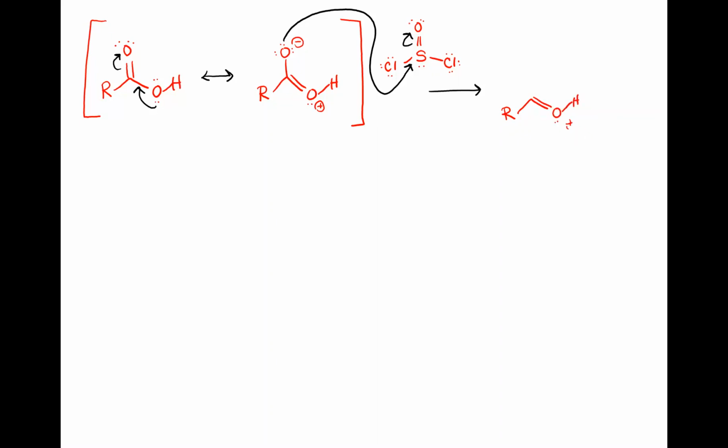So let's draw what we generated. We have this oxygen up here that's negatively charged, and then the sulfur still has 2 chlorines attached. Okay, and then we can go ahead and kick out one of the chlorides.